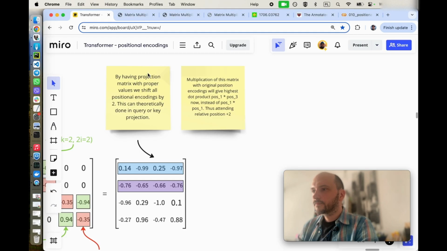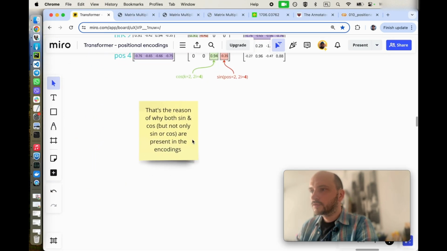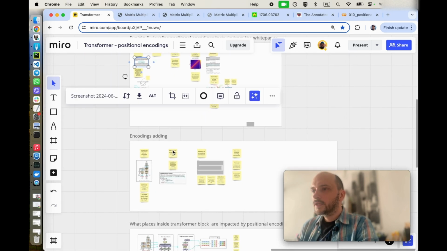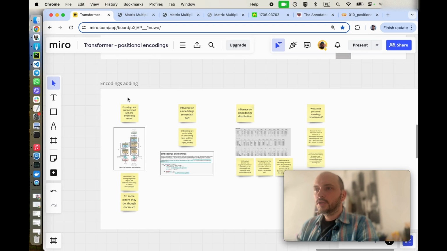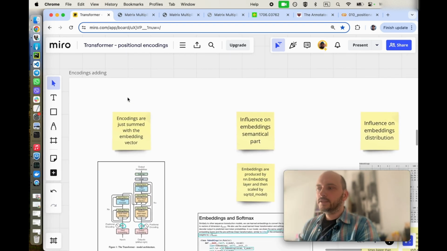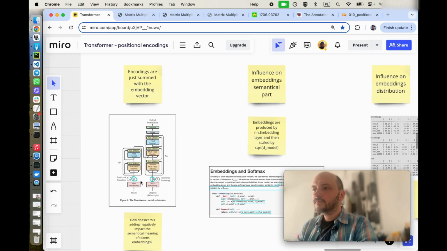Okay, and probably that's all I wanted to tell you here. Let's move forward. The next big block of explanation is how encodings are actually added to the input vector.